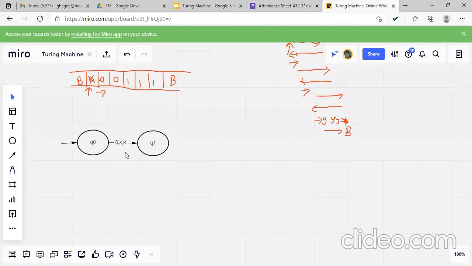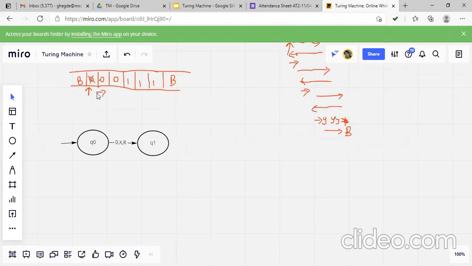Is this representation clear? The first is the input, the second is what you have changed, and the third is the direction of the head.